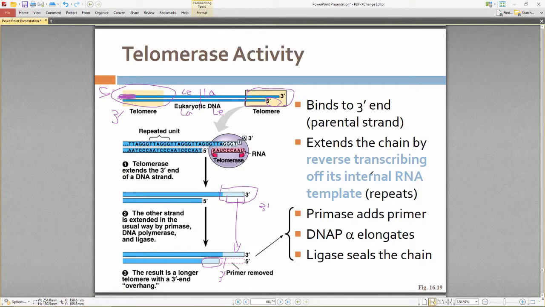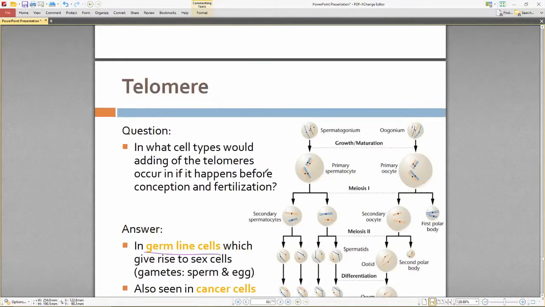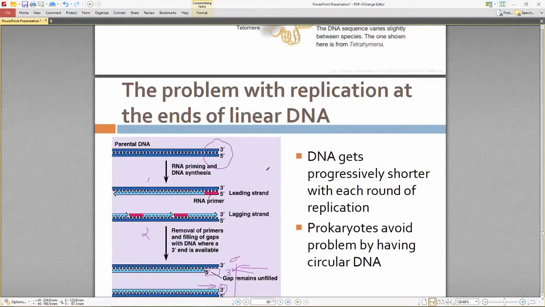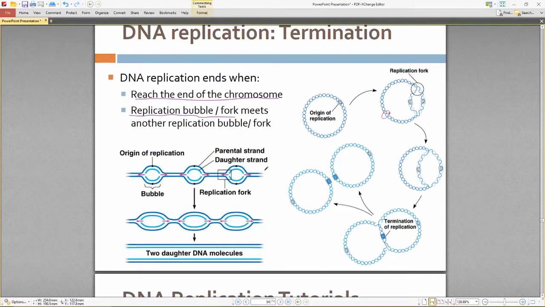Is there something on the DNA that decides where the origins are going to be, or do origins appear randomly? That's a very good question. In your textbook, there may be a better answer, but origins of replication have specific locations.